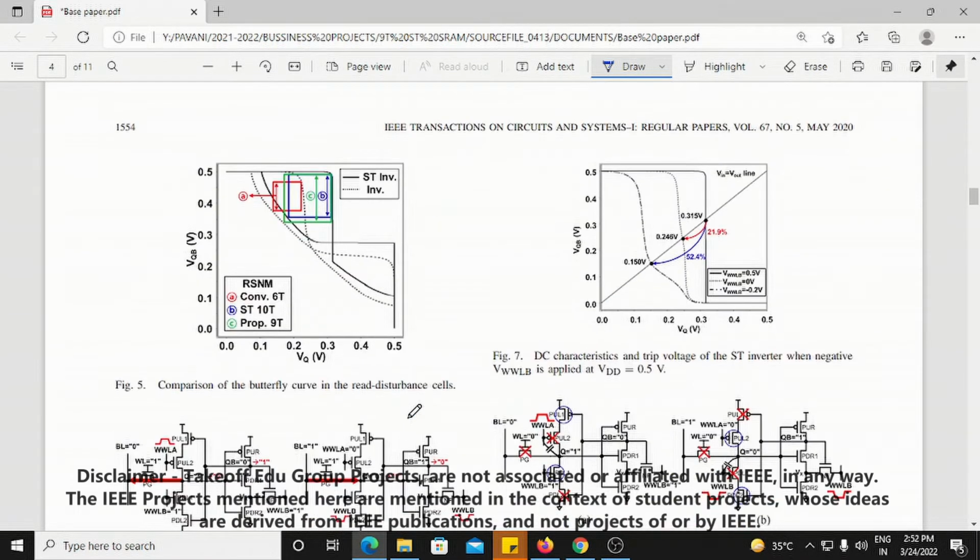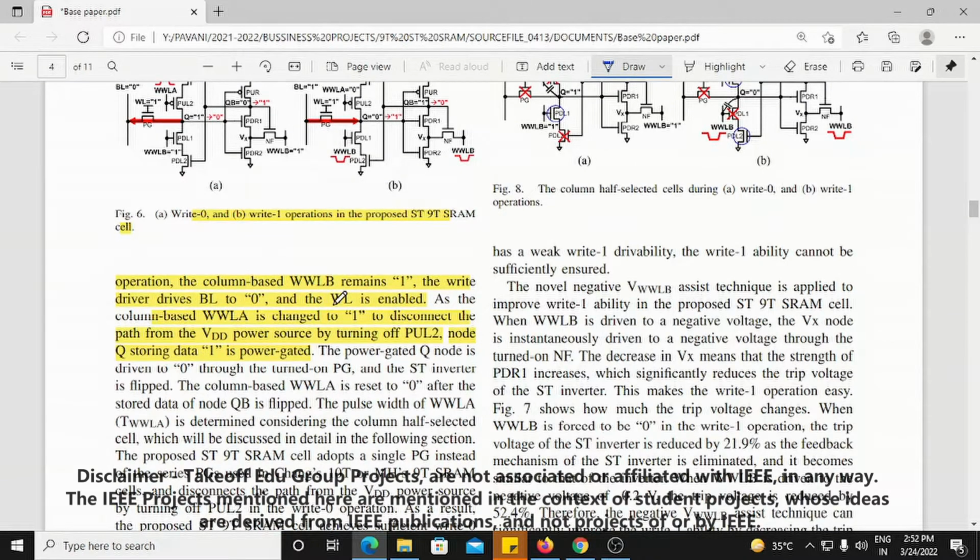During the write 0 operation, the column-based WWLB remains 1 and WWLA drives to 0 and the WL is enabled. As the column-based WWLA is changed to 1, to disconnect the path from the VDD power source by turning off the PUL2, node Q storing data 1 is power gated.